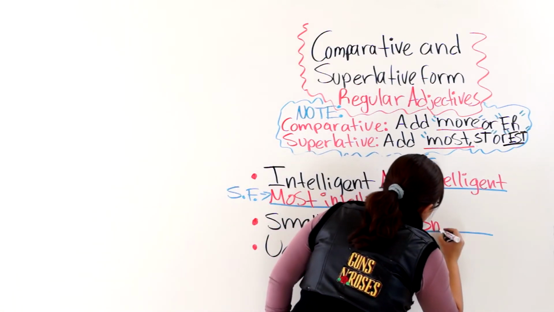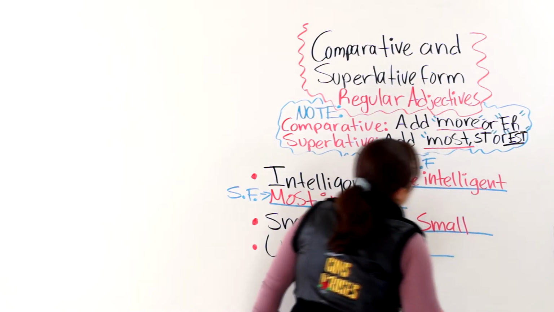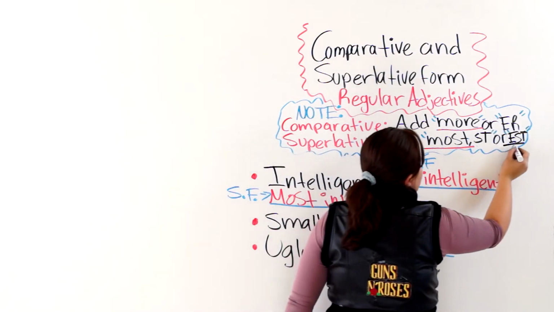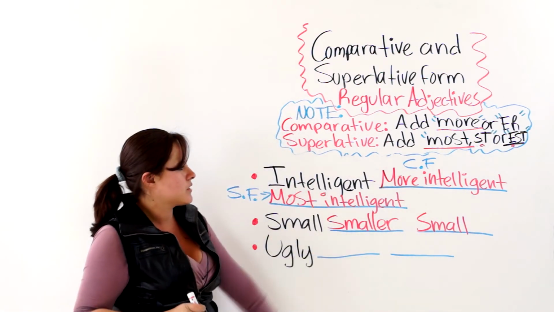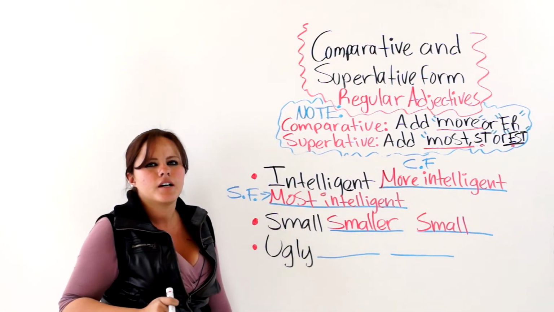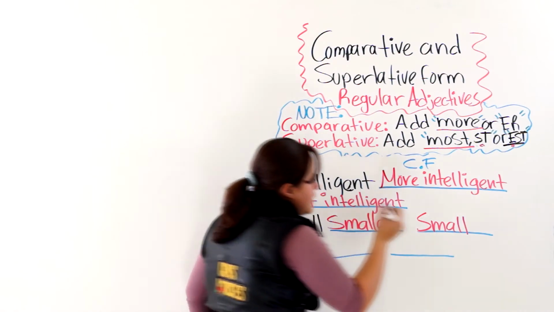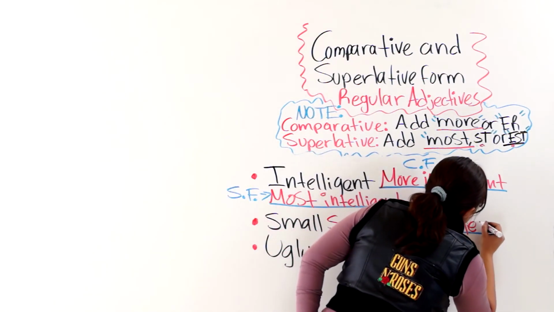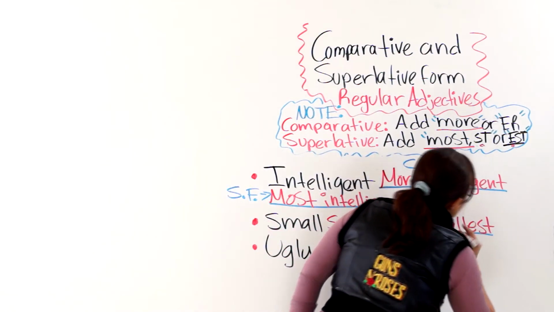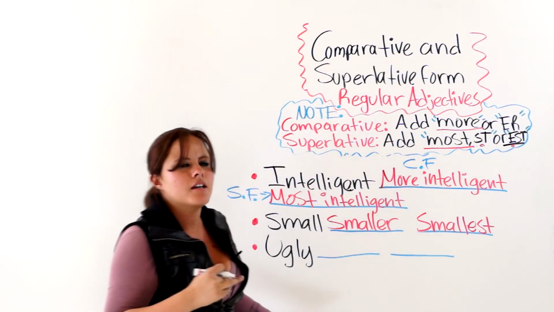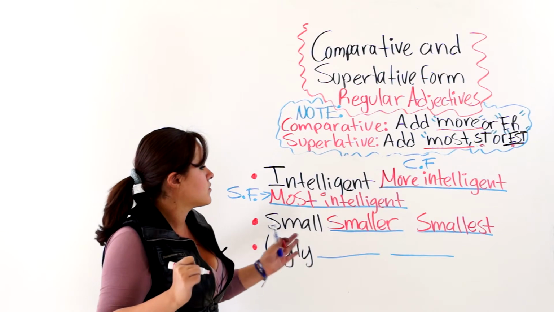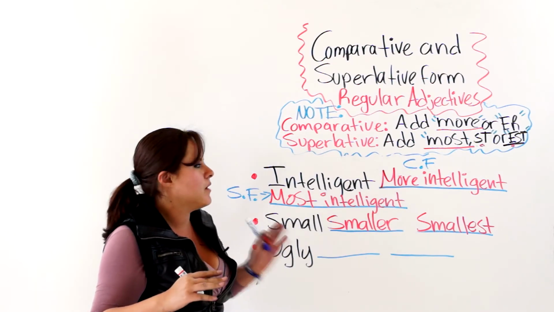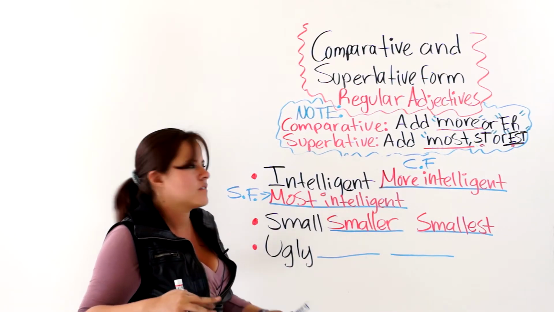We need the word small, and we need to choose EST or ST. Which one are we going to use for this word? EST. Why? Because the adjective small does not end with an E, and we need an est sound ending, so smallest.